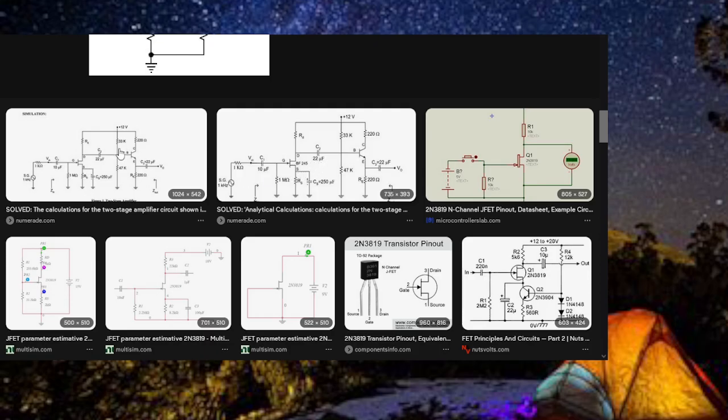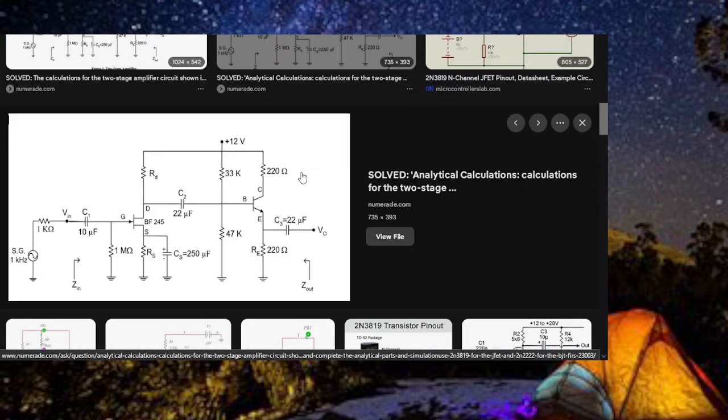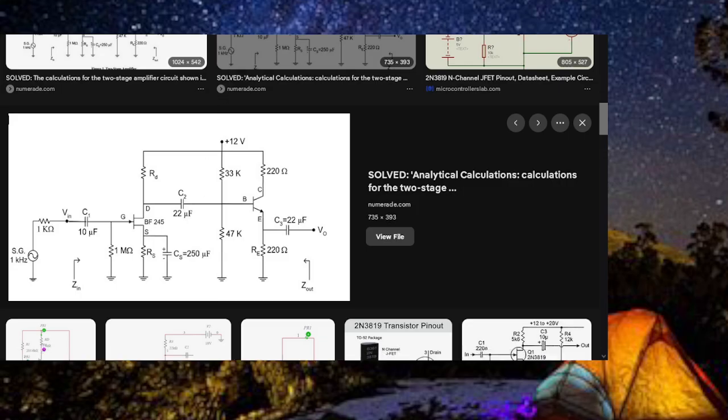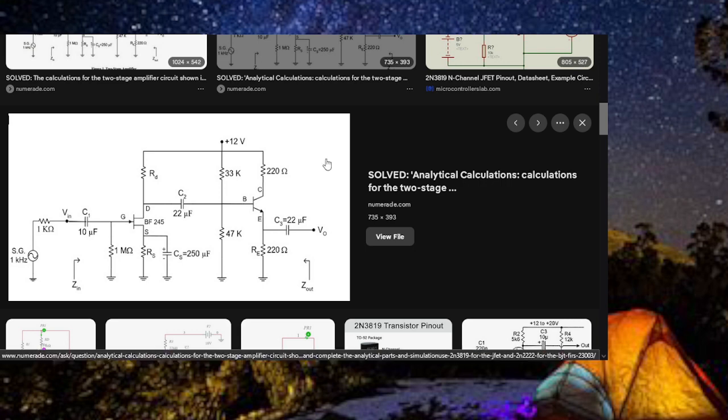888. Two-stage. The same one. So there's an FET preamp and an NPN transistor at the output. The output load is 220 ohms, which is good for the LT1028.